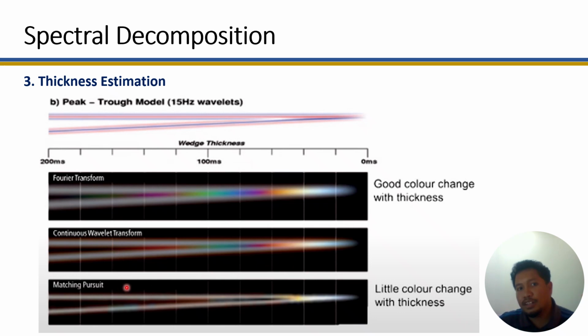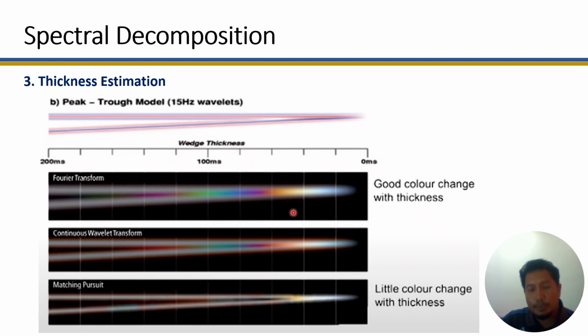With the Fourier transform, we get a nice rainbow of colors on the different thicknesses of the wedge.